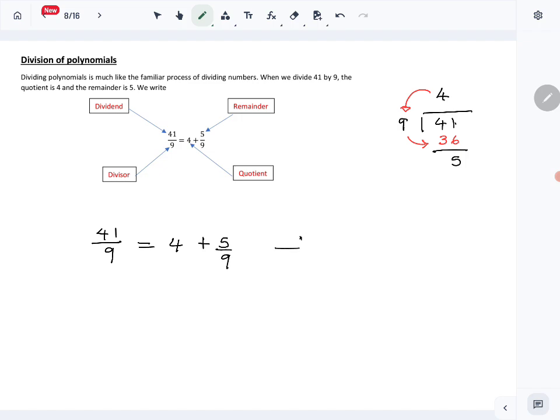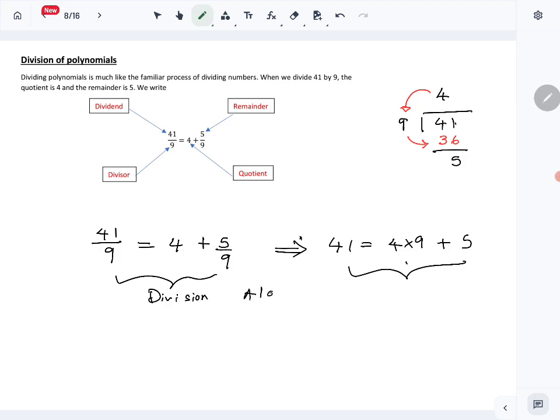This can also be written in this way. Get rid of the divisor, 9. So you can write 41 is what? 4 times 9 plus 5. Correct, no? 36 plus 5 is 41. Right. These two ways of writing the number are called division algorithm form.